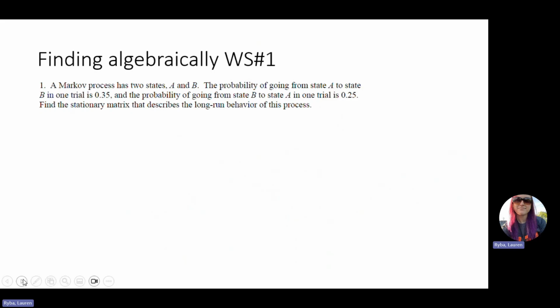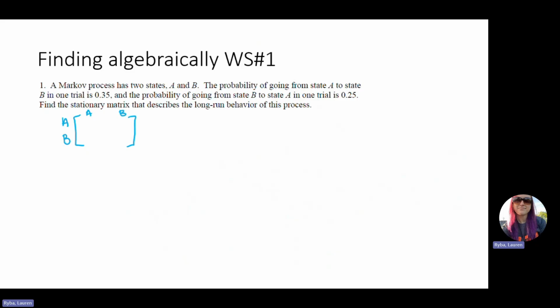For this first one, I am going to show you algebraically the process that happens. And then I will show you how we can just use matrix operations together. Our first example says a Markov process has 2 states, A and B. So as I read this, I am going to put them into my transition matrix.